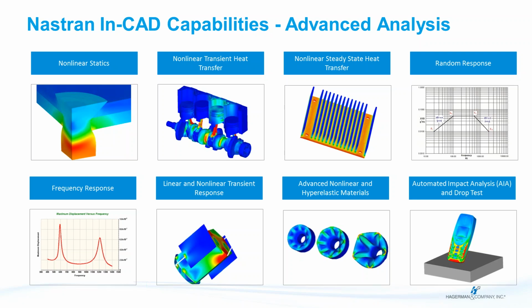Then linear and nonlinear transient response, random response, frequency response, nonlinear transient heat transfer, and automated impact analysis and drop test. Sophisticated treatment provides realistic and meaningful impact and drop test simulations. The only inputs required are projected velocity and acceleration.